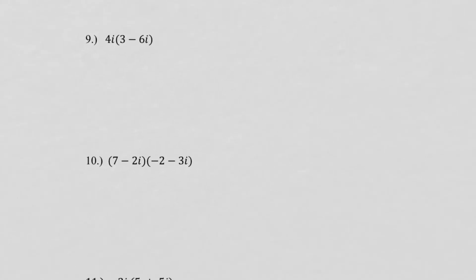So number 9 in your workbook, in this case, we have a monomial term outside the parentheses. So the strategy here is to distribute. Okay, distribute the monomial. The monomial is sitting right there.